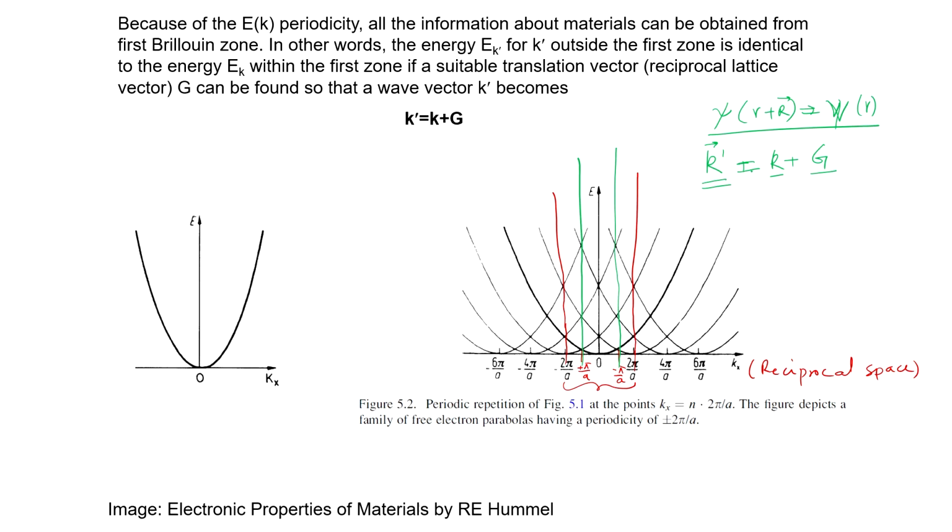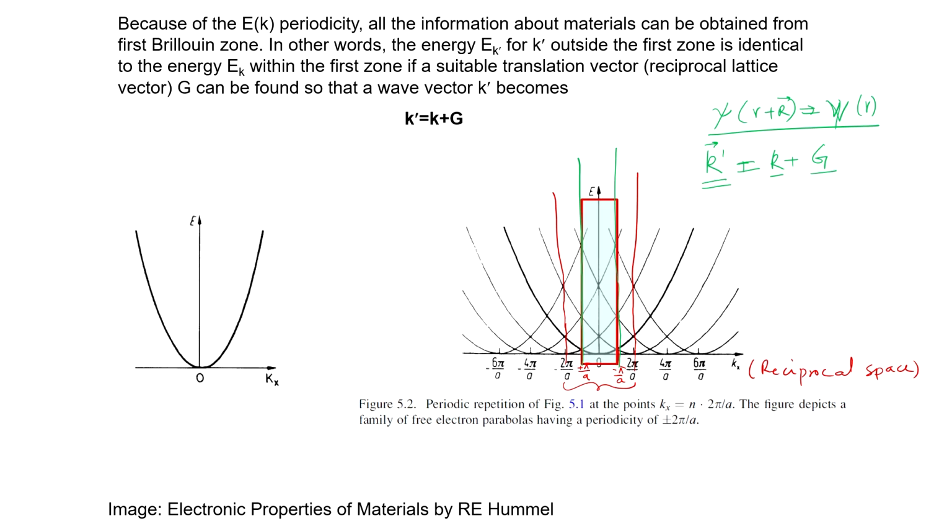Any k prime at a distance G from k is identical to k. This is because of the periodicity of the lattice. So, basically the energy E of k prime for any k prime vector outside the first zone is identical to the energy E of k within the first zone, if you can find a suitable translation vector G, and there are always suitable translation vectors available.